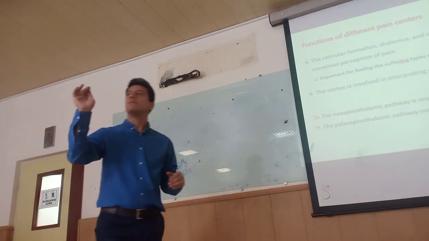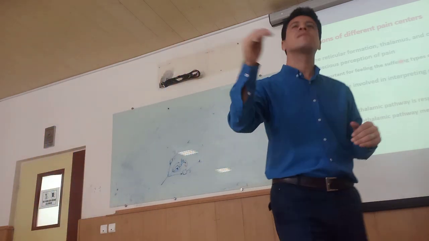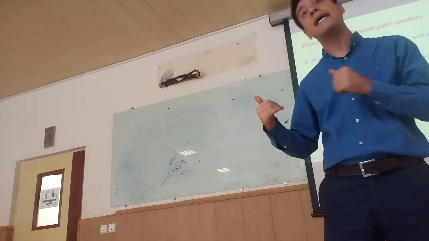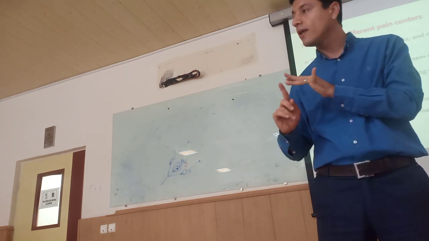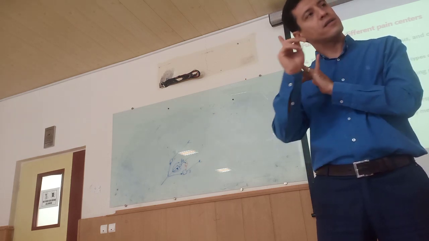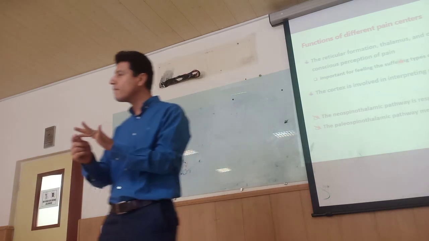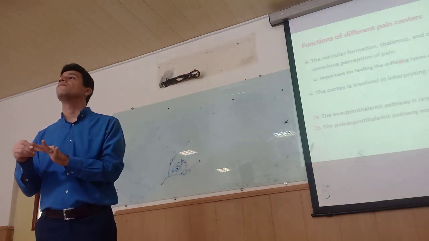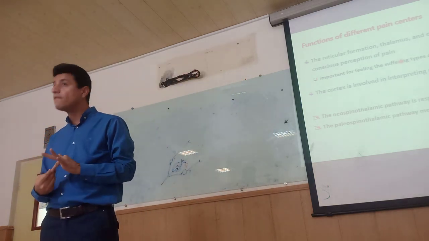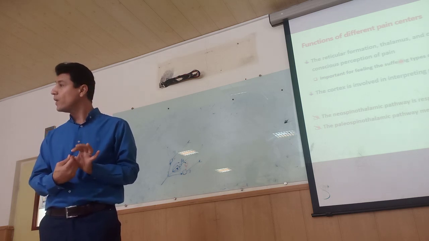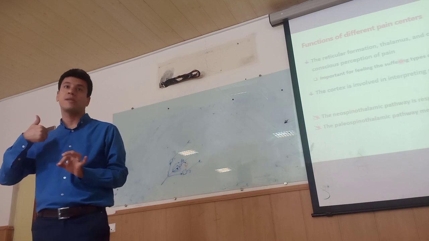Okay? So conscious perception of pain depends on subcortical areas, like reticular formation, thalamus, other subcortical areas, limbic system, hypothalamus, everywhere. Okay? But for judgment about the quality of the pain or location of the pain, we need cortex.